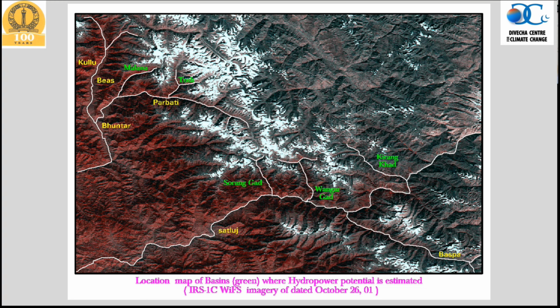So these models were basically originally developed at Malana Nala, and then tested at Tosh Nala, and then we were associated with this model when Himurja applied. We called their engineers to come to Ahmedabad. We trained them, and we have done it for Sorangad, Vangargad, Kirangad.